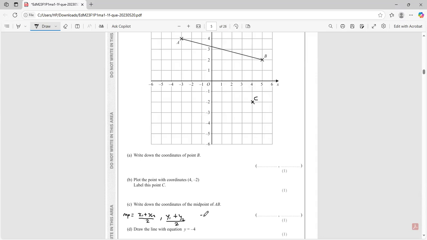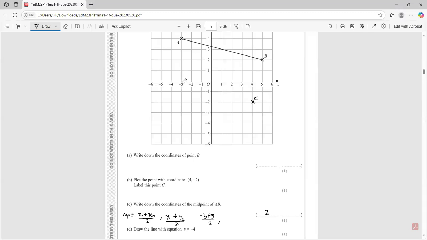So -3 plus 5 will give you 2. And the y coordinate is y1 plus y2.